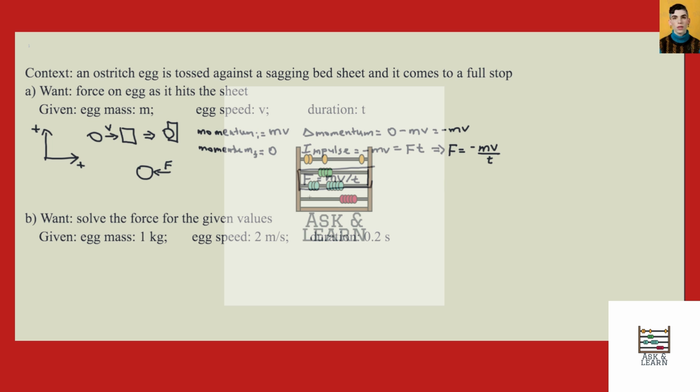All right, perfect. So then for part B, we have specific values for the mass of the egg, the initial speed of the egg, and the duration of that force.